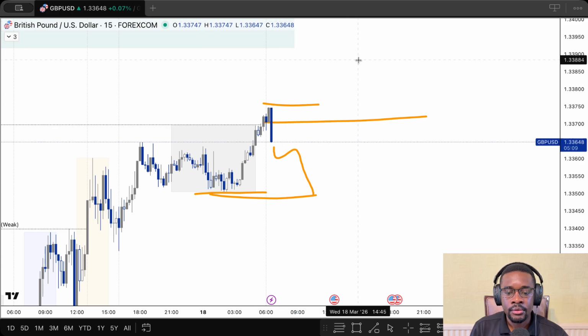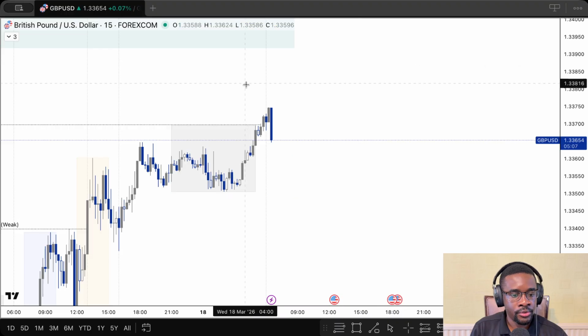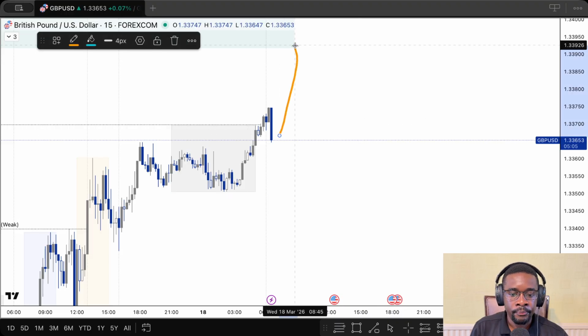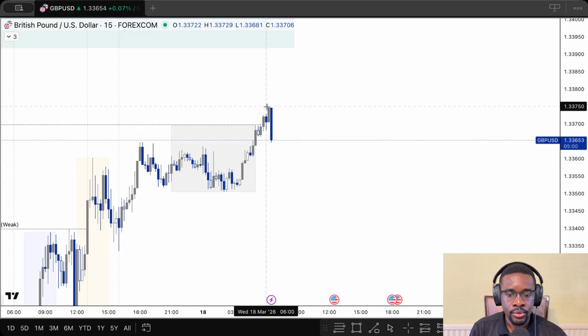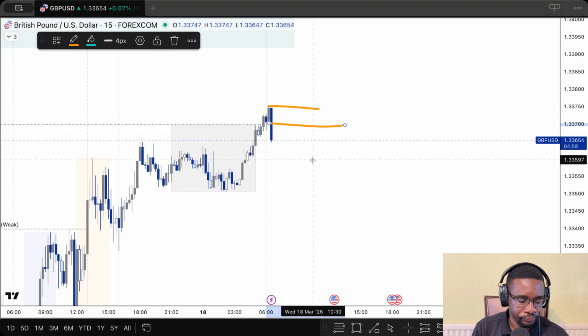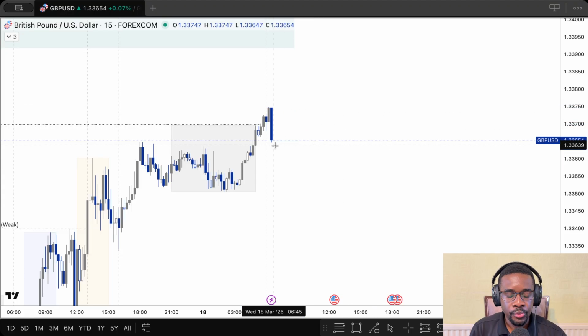Okay, so that's a possibility as well, for price to come up at the top, and then eventually come back down. All right, so this could be bait, especially because it's also happening before key time window.